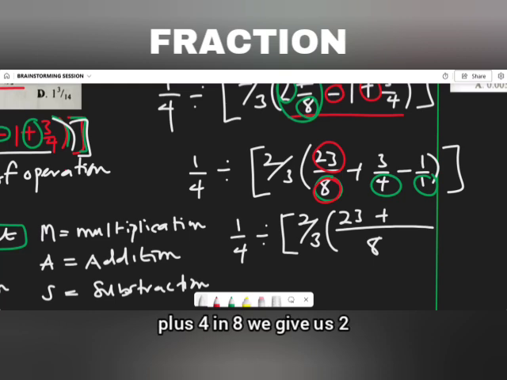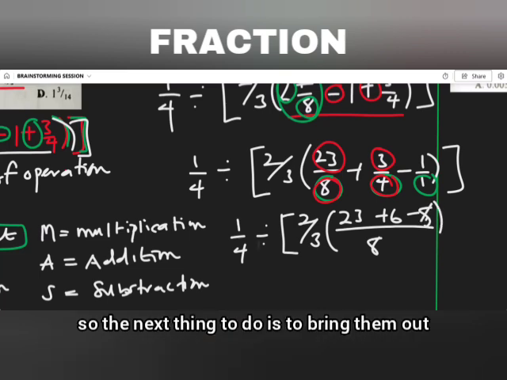Plus 4 in 8 will give us 2, then 2 times 3 gives us 6. Minus 1 in 8 is 8, then 8 times 1 gives us 8.